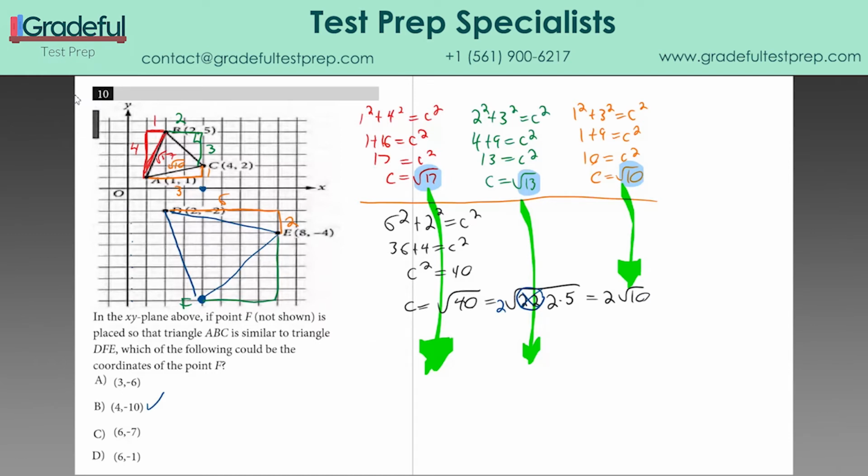It's got a horizontal component of, let's see, well, first of all, this point here is, as we said, 4, negative 10. So the horizontal component of the movement is going from 4 to 8. So that's a distance of 4. And the vertical component of the movement is going from negative 10 to negative 4. So that's a distance of 6.